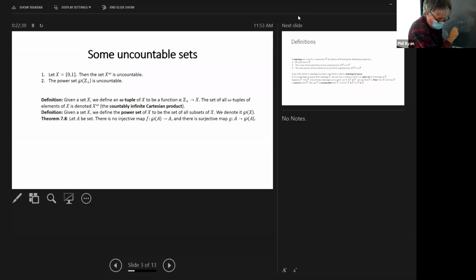So let's call that xn1, xn2, xn3, etc. So any map from here to here gives us a sequence.